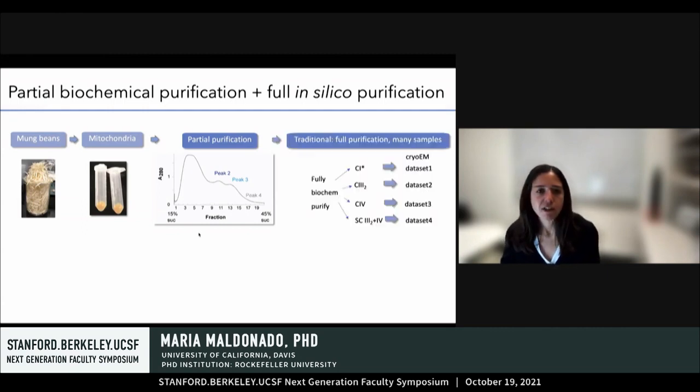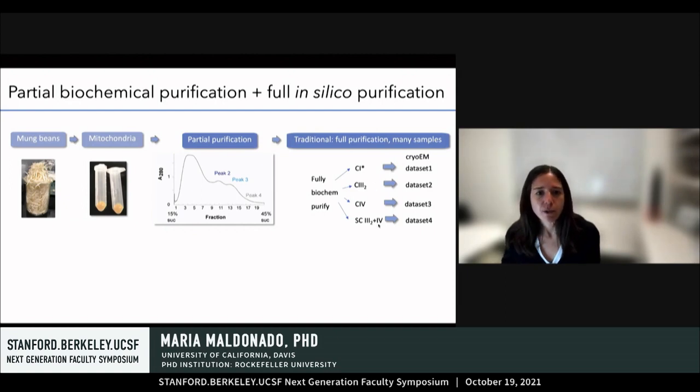Now, traditionally in structural biology, you would follow this initial partial purification with a full biochemical purification, usually using chromatography, to purify each of the complexes of interest, and then use each of the pure samples to proceed to the structural data collection, be it with crystallography or, in my case, cryo-electron microscopy or cryoEM.